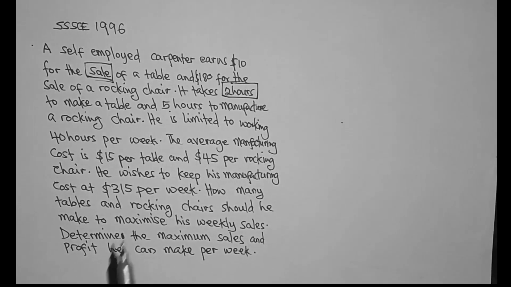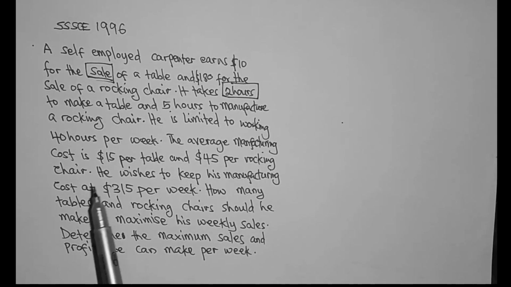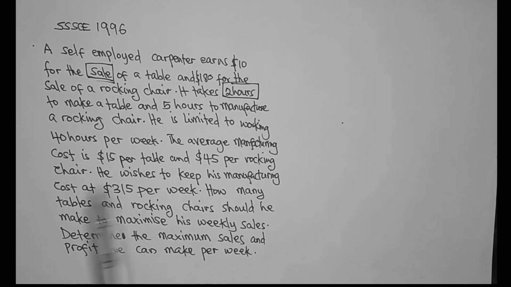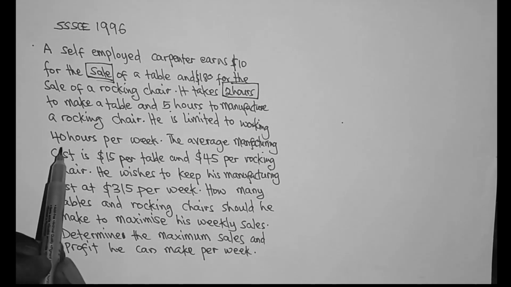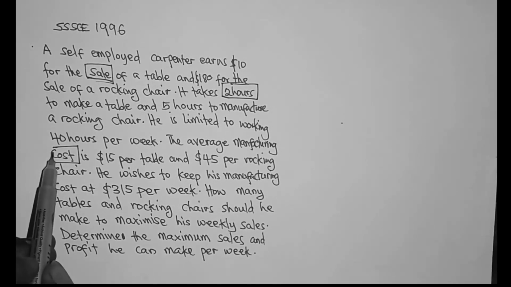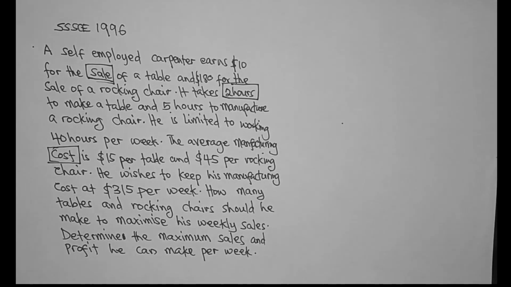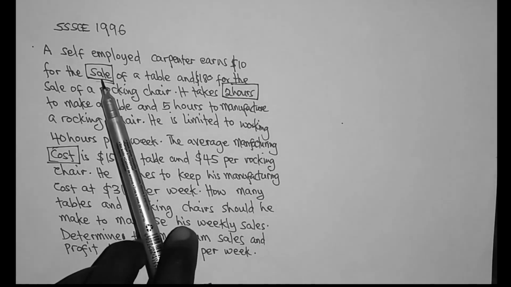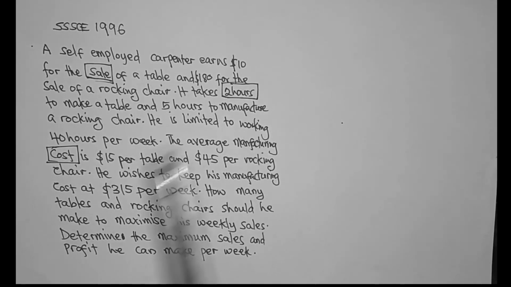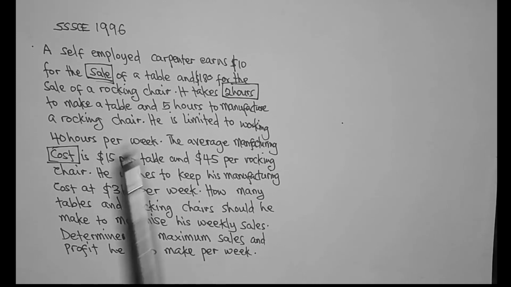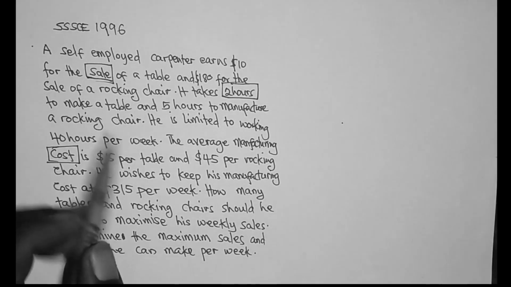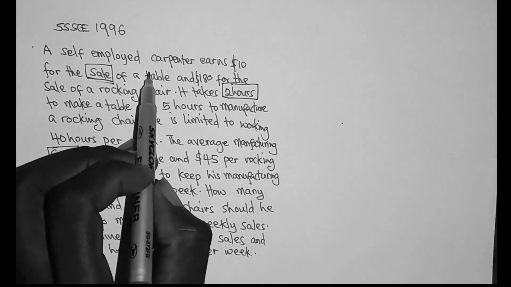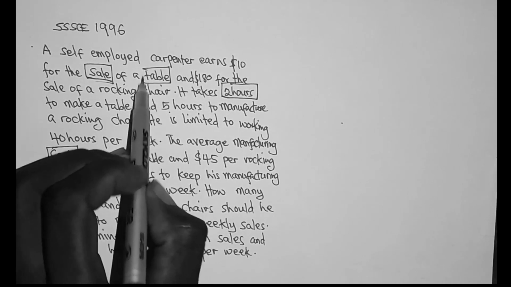And then the last one is the cost. He says that it costs him $15 per table. So we have the sales, the time, and the cost. So let's make a table. But there are only 2 variables, which are the tables and the chairs. So he sells a table and he also sells a chair.